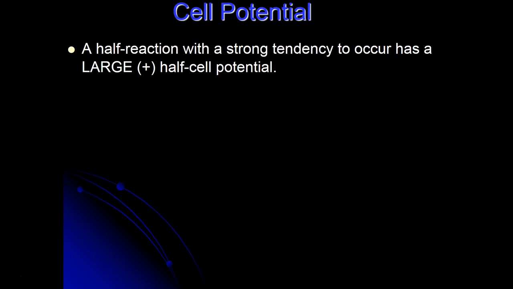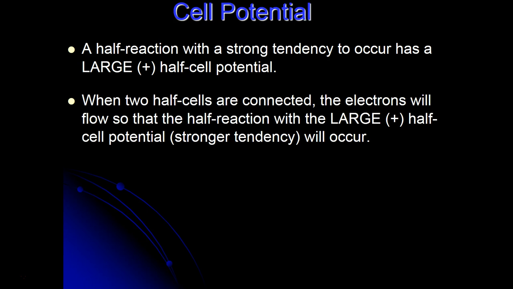Some more concepts to review on cell potential from last lecture. A half reaction with a strong tendency to occur has a large positive half cell potential. That's the stuff at the top of the table. When two half cells are connected, the electrons will flow so that the half reaction with the large positive half cell potential will occur.